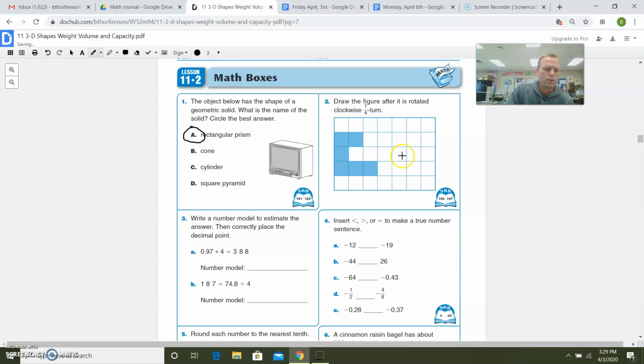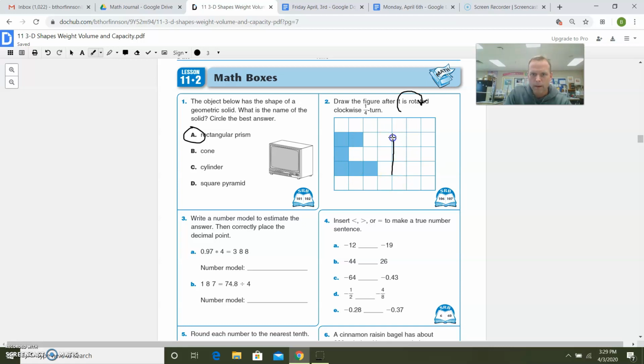The next one, you have to turn this a quarter turn, rotated clockwise. The way the hands on a clock move. Okay, so rotating it clockwise, this would just basically tip up this way.